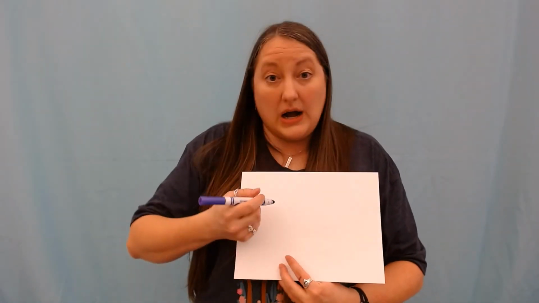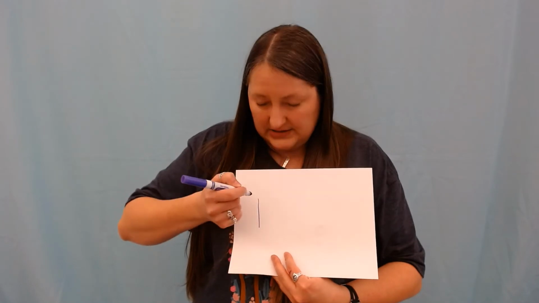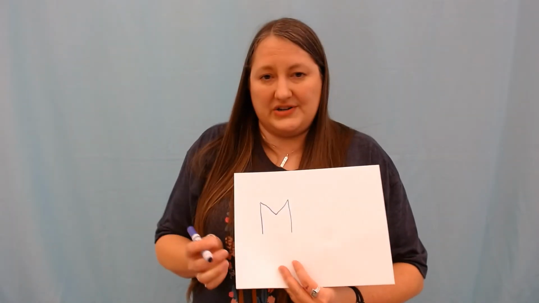You know what we could do with our markers? We could practice writing our letter M, couldn't we? Let's turn our paper over. We could practice writing our letter M. So if we want to draw our uppercase M or our big M, we would pull down straight, lift, then slant right, slant up, and pull down straight again.